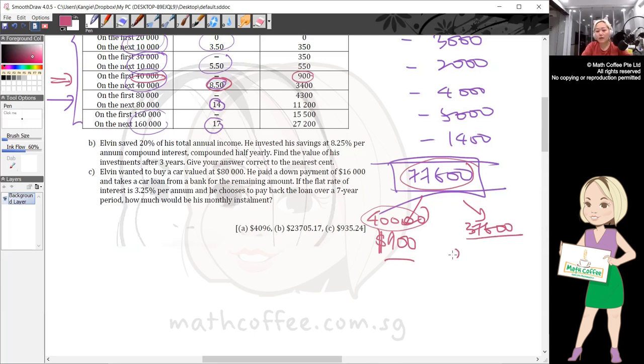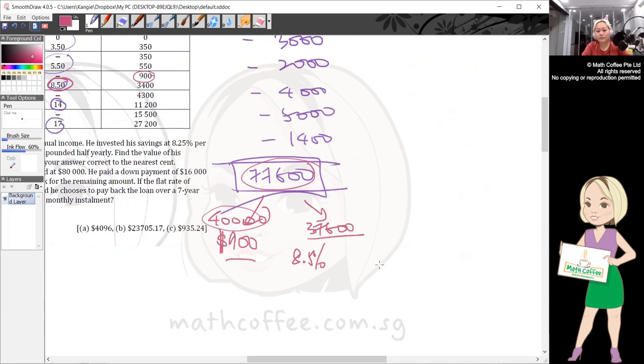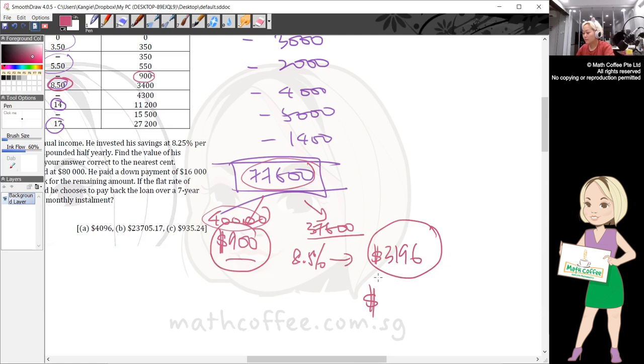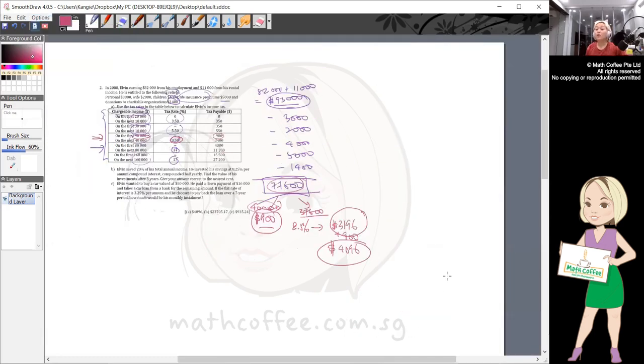So you will have to calculate 8.5%. 37,600 times 8.5%, I will have 3,196. So the total tax that he needs to pay is this amount plus 900, which is 4,096. So this is the tax that this person has to pay to the government.